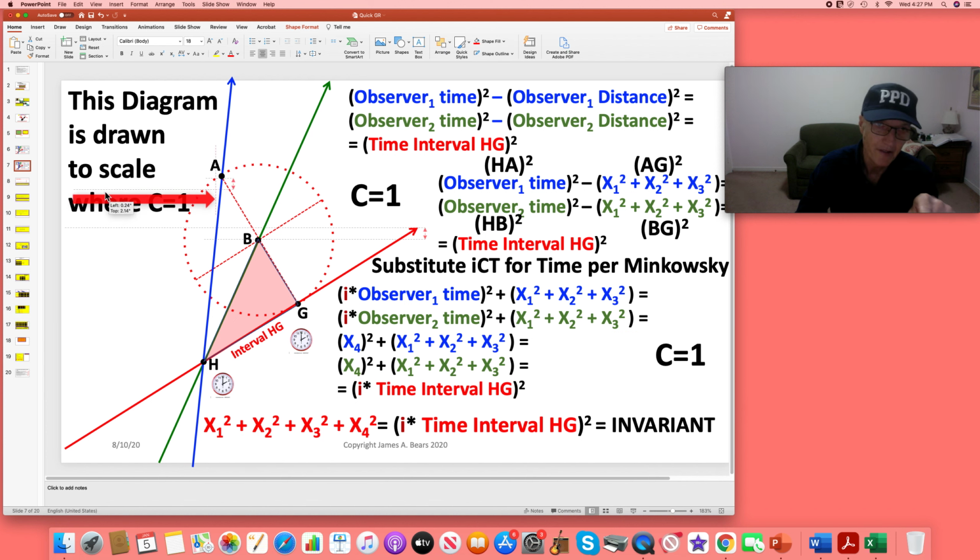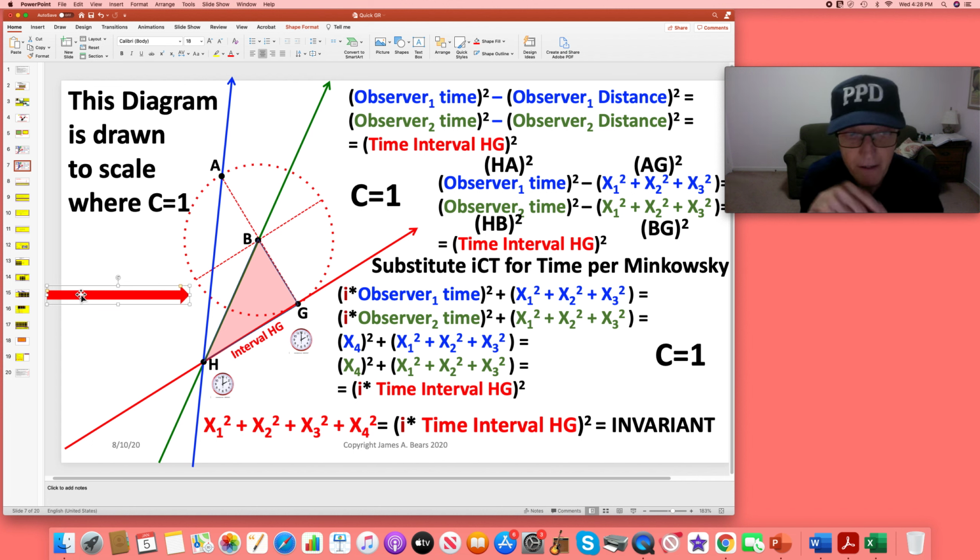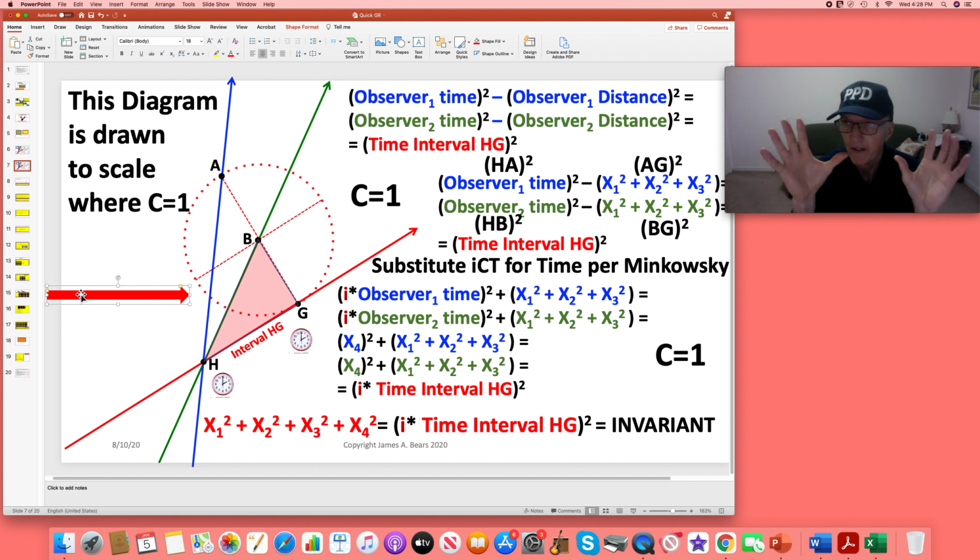The blue observers have to come look at the situation and come up with the same value for that particular interval between those two clocks, which you could take a picture of their faces and get the time difference. All of the observers have to agree about that interval.